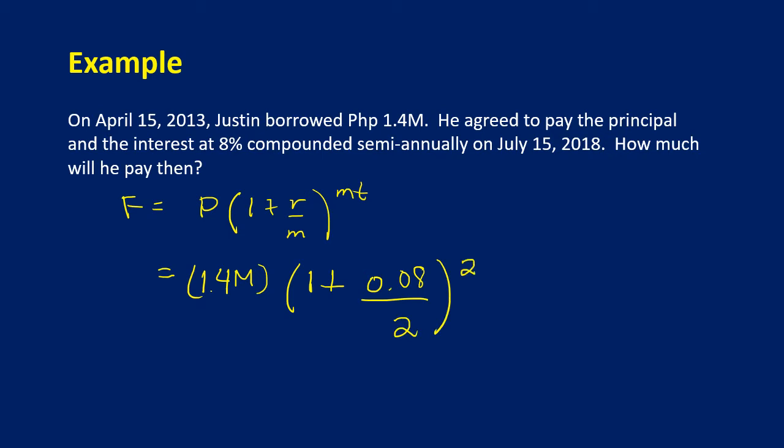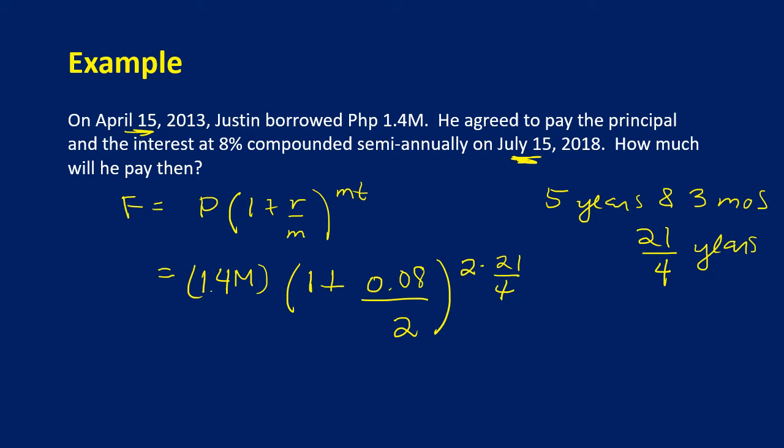And then raised to 2 times, what is this? April 15, 2013 to July 15, 2018. That is 5 years and 3 months as well, so that's 21 over 4 years.